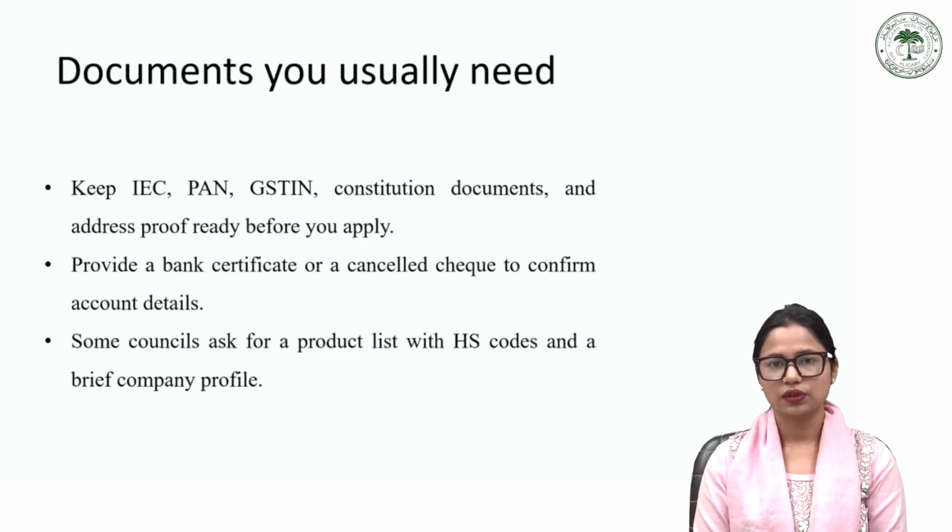So the product that the exporter is engaged in and the HS codes assigned to that line of products need to be furnished on the demand of several export promotion councils or commodity boards.